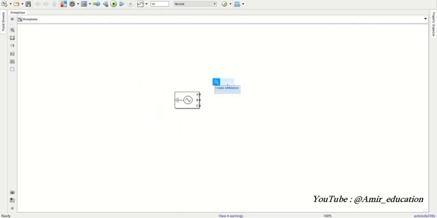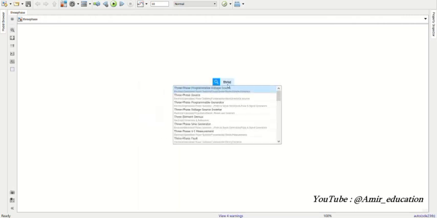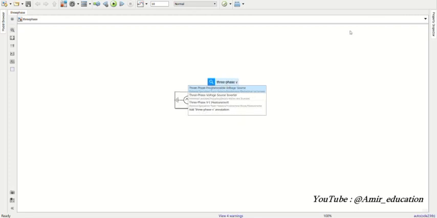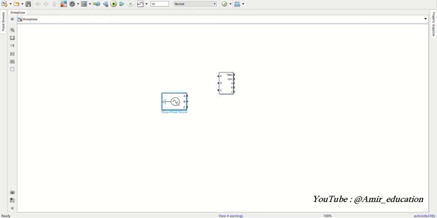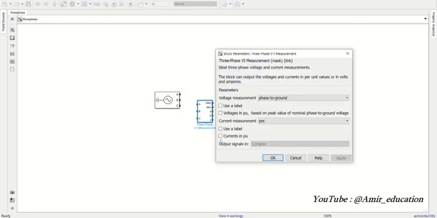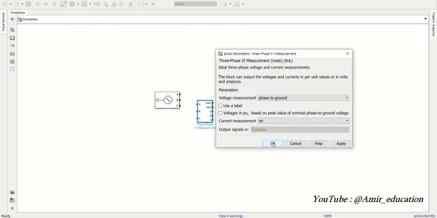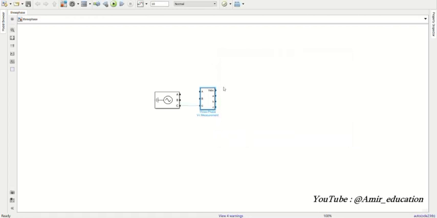Okay, we also need a three phase VI measurement, and here we don't need current measurement.